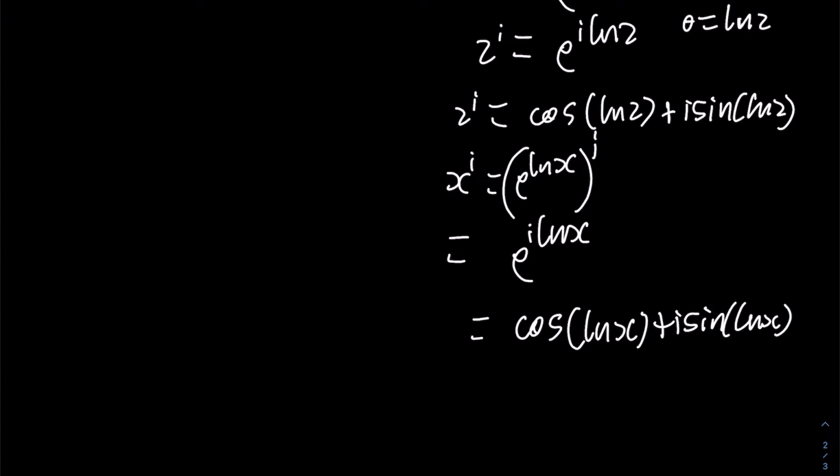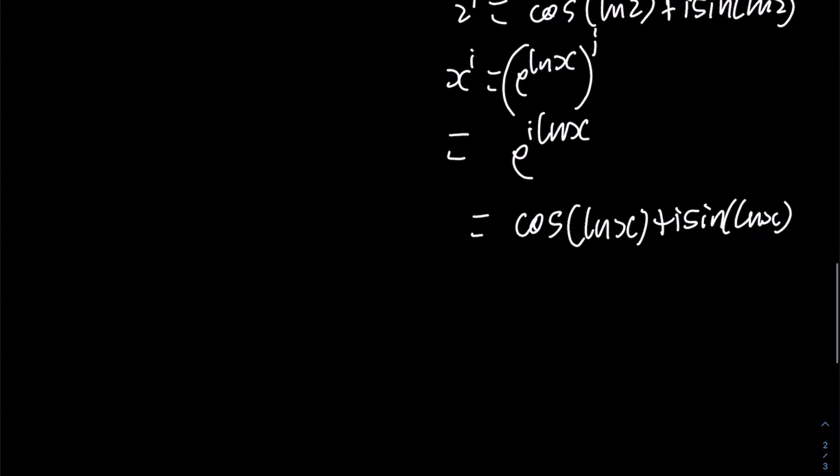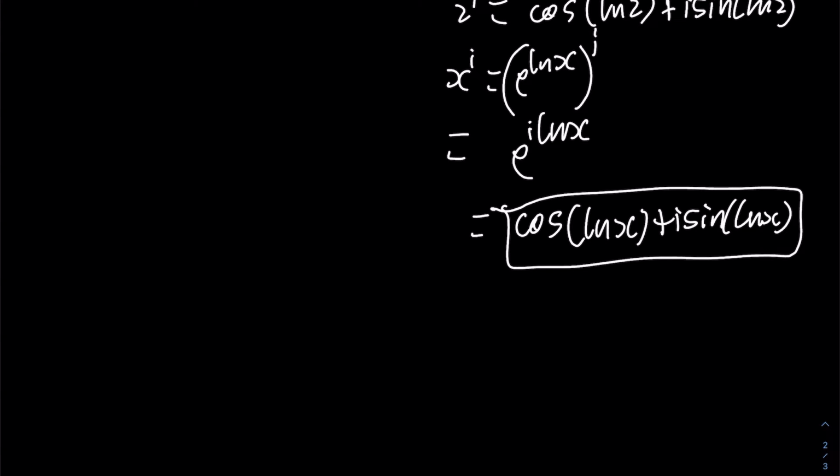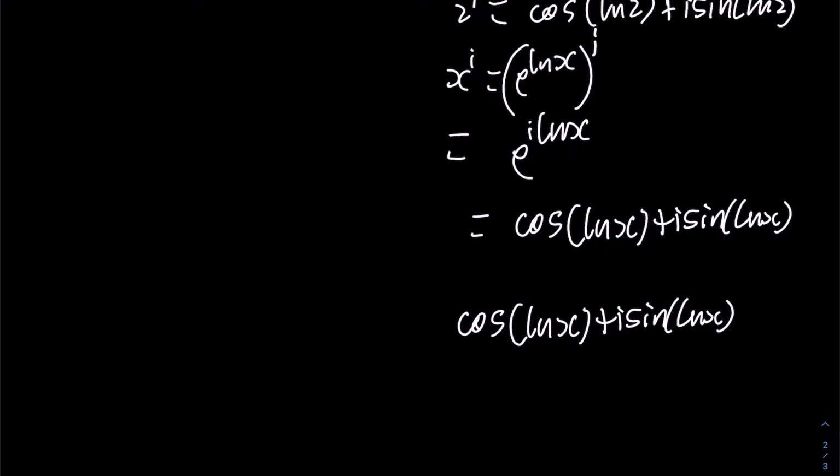We have just found the key to solving our problem, because we can actually apply real and imaginary operators. So for instance, if we take the real part of this expression here, this will return the cosine of ln x.